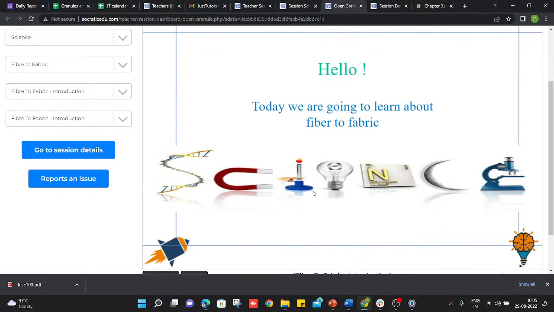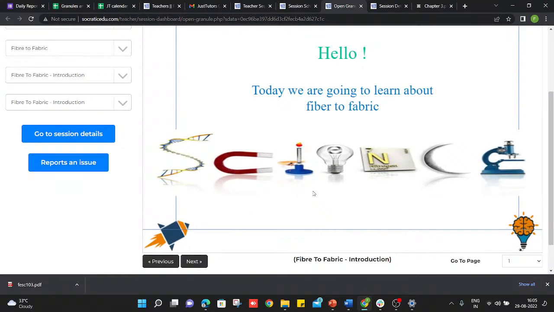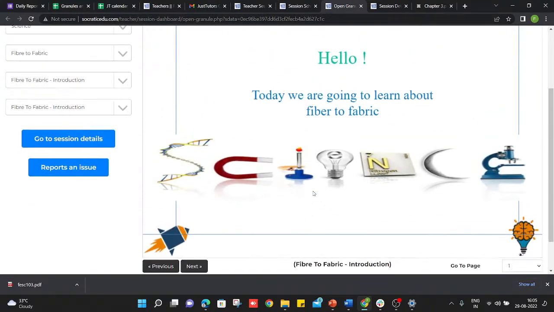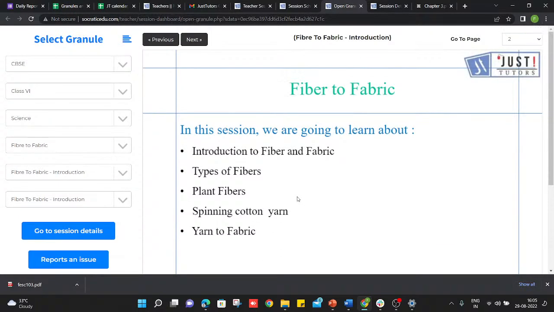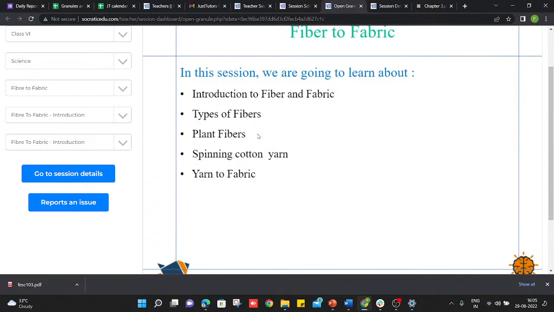So let's learn about fiber to fabric. What exactly is this thing? In this session, we are going to learn about introduction to fiber and fabric, types of fibers, plant fibers, spinning cotton, yarn to fabric.